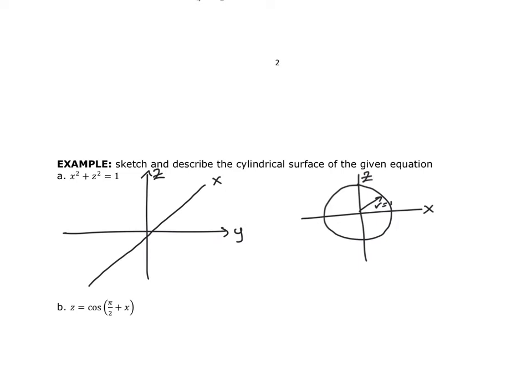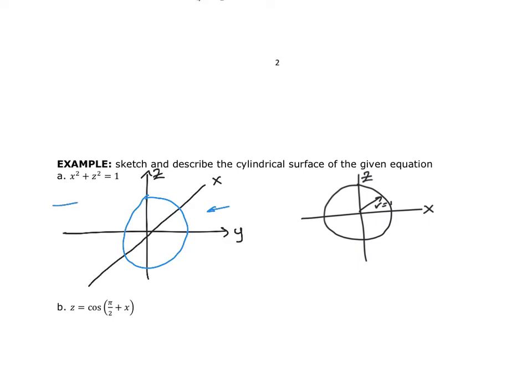If I then try to graph this in three space, I know that the xz plane, which is the one facing this way, would go something like this. It would be centered at the origin with a radius of 1.